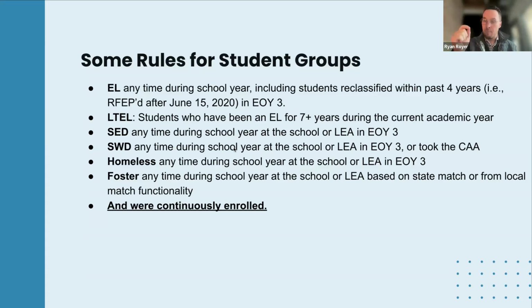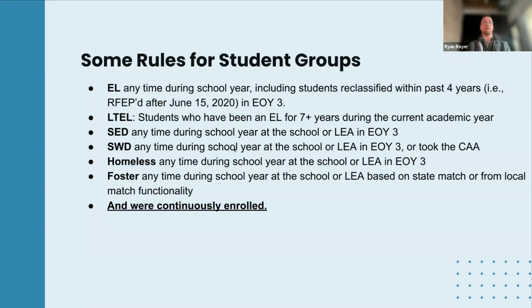So my hypothesis on that, I'm still researching, is that if they're not designated as an SWD student, but they took the CAA, they're a student with disabilities on the California School Dashboard. So if any of you have insight, please put that in. I'm not certain on that, but the CAA is a major factor in calculating academic indicators on the California School Dashboard.